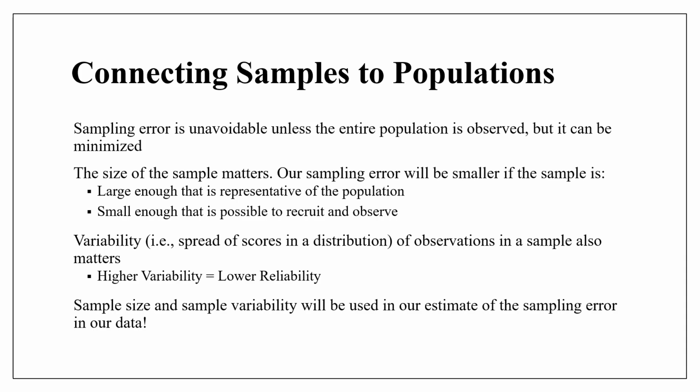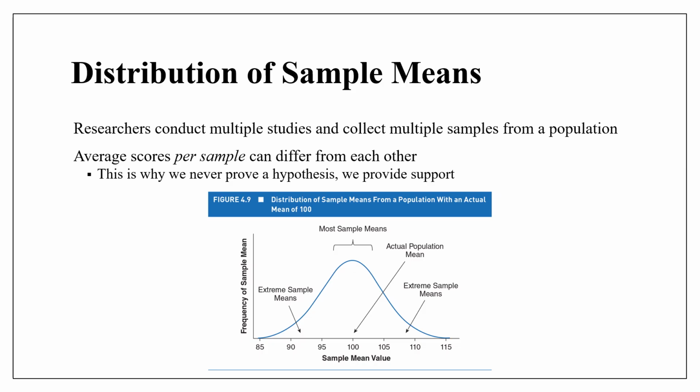Researchers conduct multiple studies and collect multiple samples from a population. Similar to what I mentioned at the start of this conversation, depending on what your sample is, you might get different results that say something different about the population. Now, this is in part why we never say as researchers that we have proved a hypothesis.